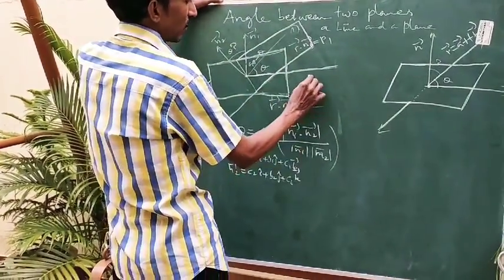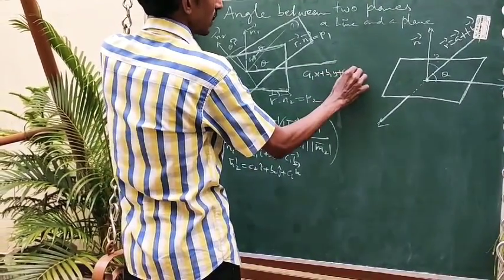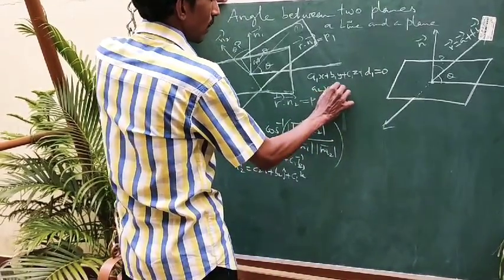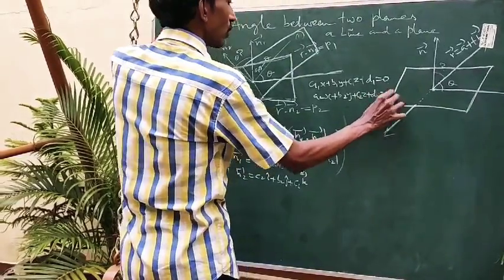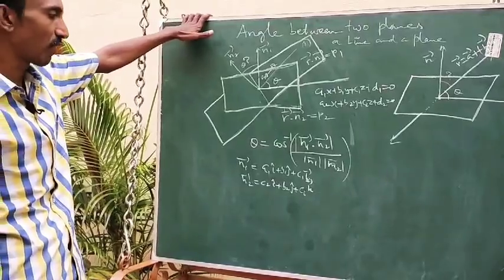For example, the first equation is A1x plus B1y plus C1z plus D1 equal to 0. Similarly, the second one is A2x plus B2y plus C2z plus D2 equal to 0. So these are the two equations of the planes in the Cartesian form.